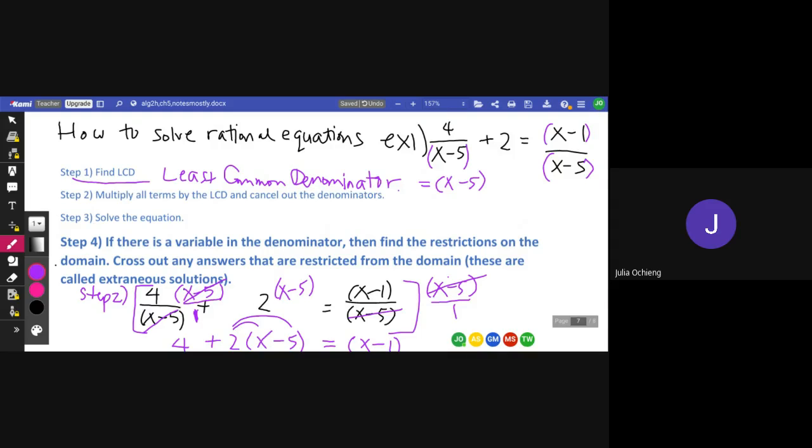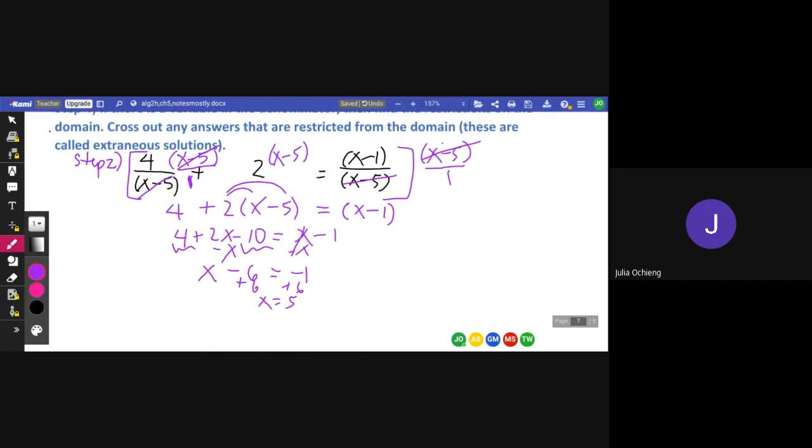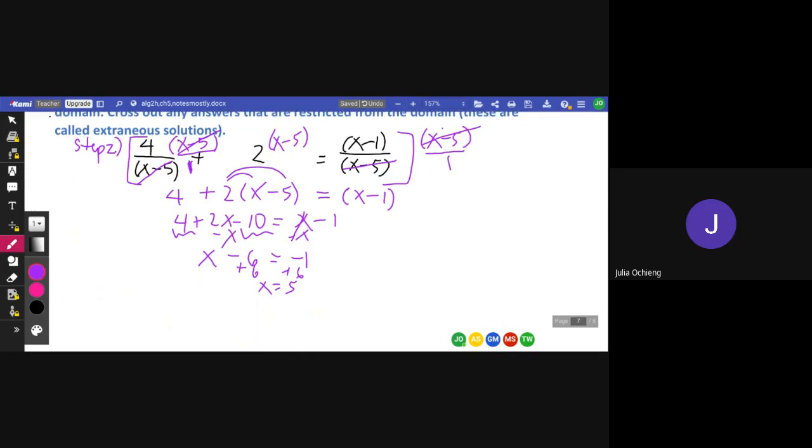So remember that the denominator, the domain, is restricted because you can't have this denominator equal to 0. So I'm going to go ahead and check this 2 different ways. One is I can just plug 5 into the equation and see if a 0 happens in the denominator. So I'm going to copy the original equation. So this is step 4. Checking the domain.